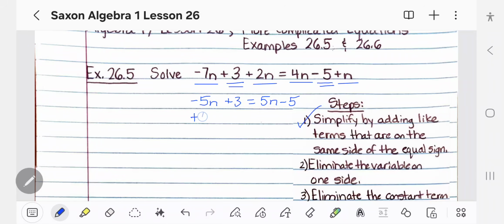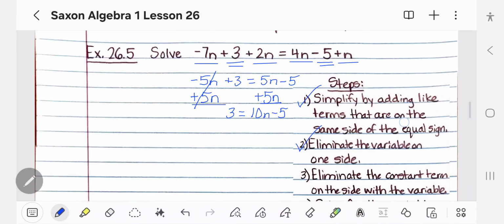Let's do it that way, and then you can compare it to how the book did it. Let's add 5n to make this go away. That leaves on the left side just 3 is equal to 5n plus 5n is 10n minus 5. We eliminated the variable on one side.